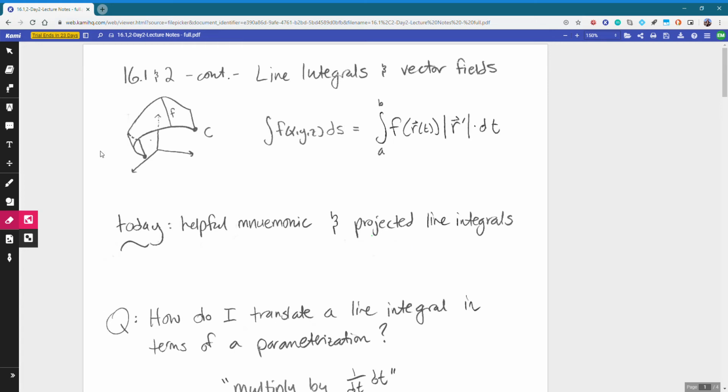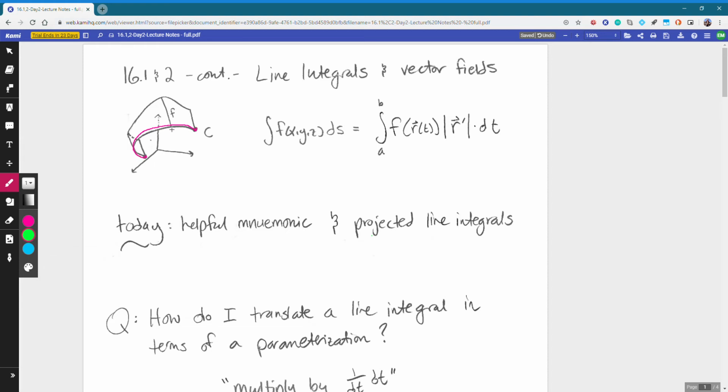But so real quick, let's recall the basic idea of these line integrals that we introduced last time. To start, we have some one-dimensional thing, a curve that we have some information about for each point along the curve.